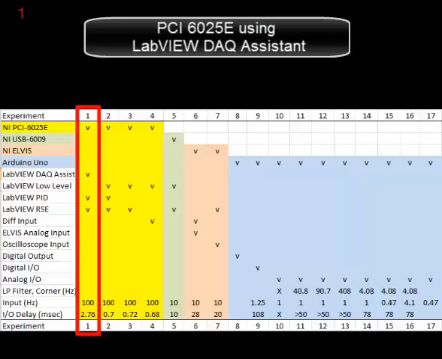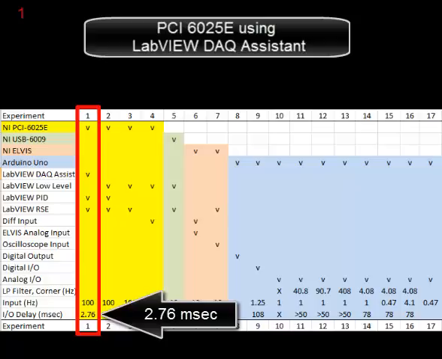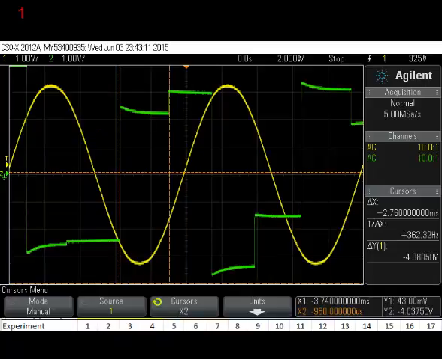Now, all that remains is to summarize the significant features of each of these cases. Using the 6025E and LabVIEW DAC Assistant, 2.76 milliseconds is the delay, or the sample time.